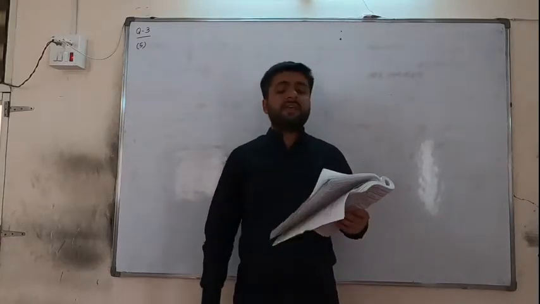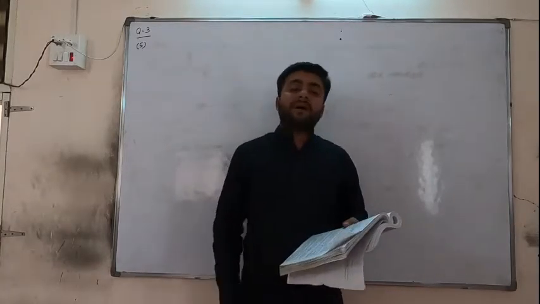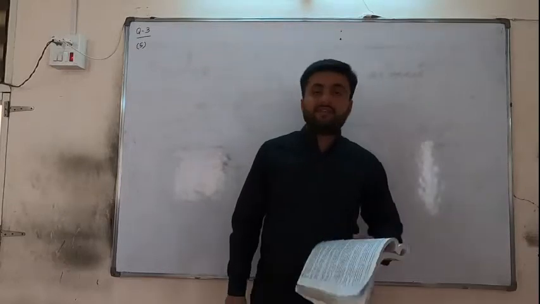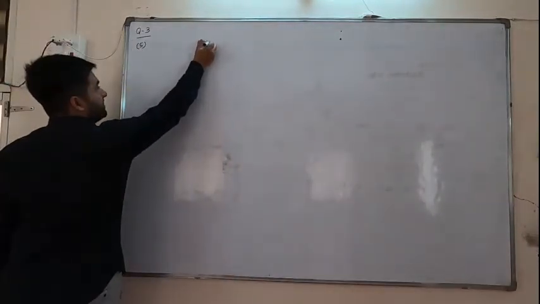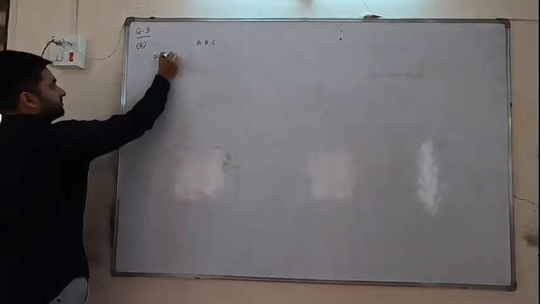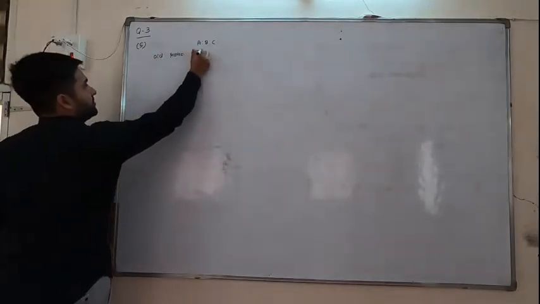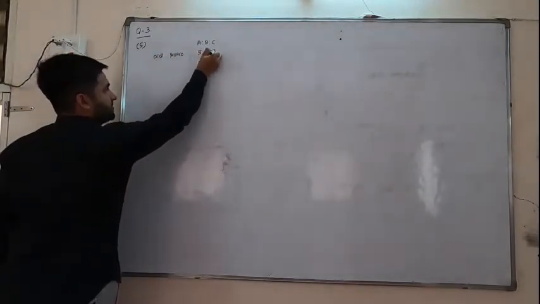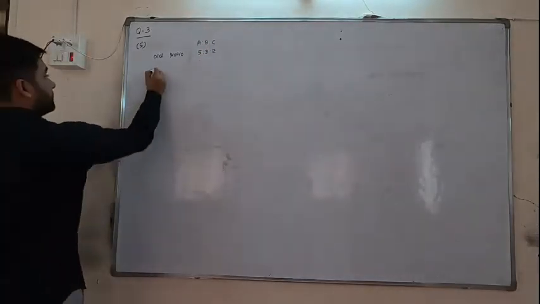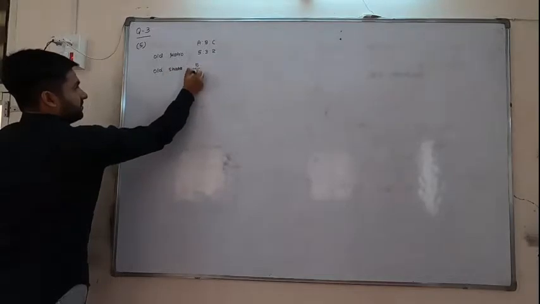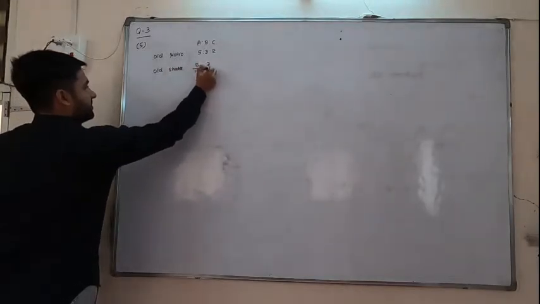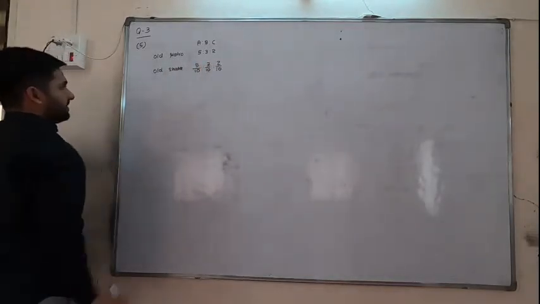Now see, you can see A and B are only sacrificing. Partner C is not sacrificing anything. Okay, no problem. A is to B is to C. Old ratio 5:3:2. Old share 5/10, 3/10, 2/10.